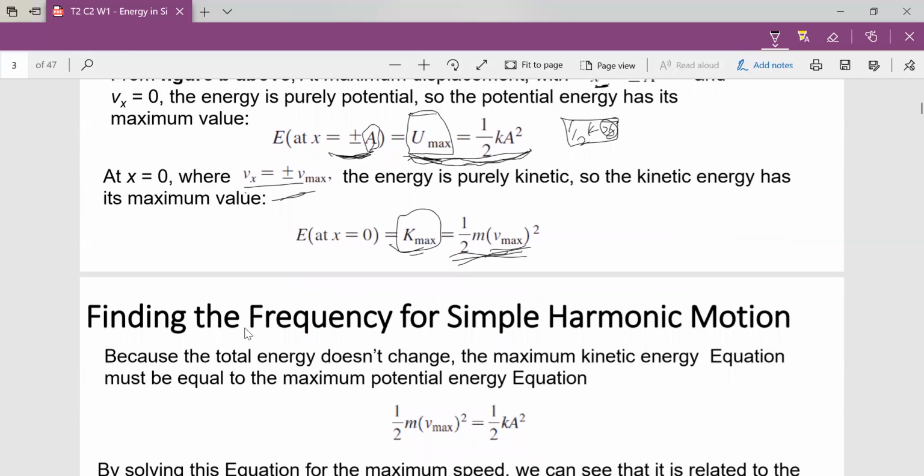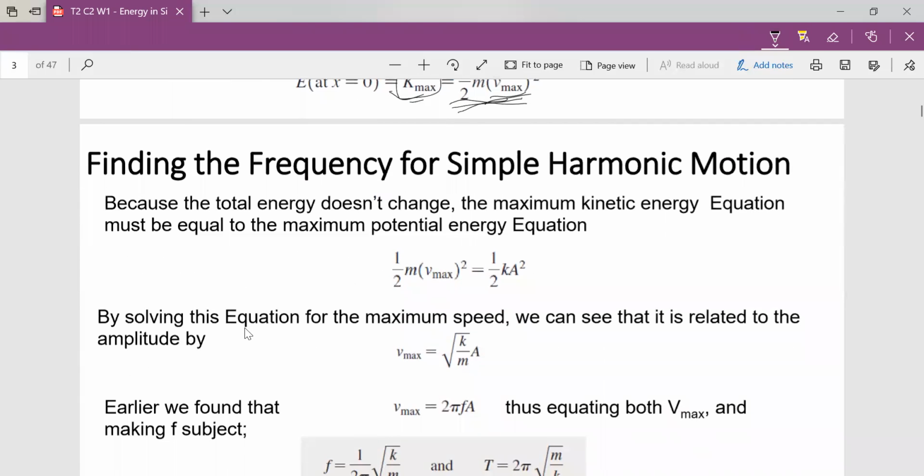So we should take note of this formula: elastic potential energy in simple harmonic motion is given as half k s squared, which at maximum is U max equals half kA squared.